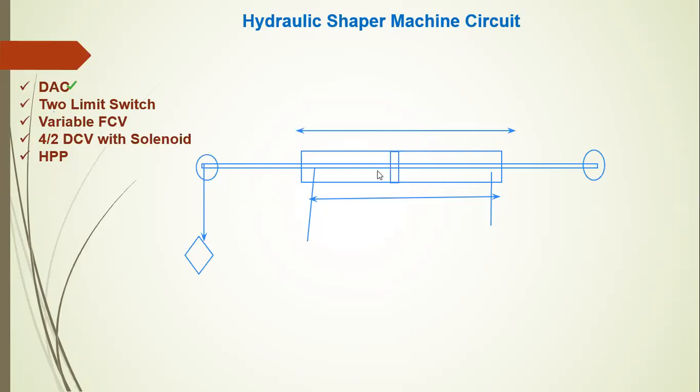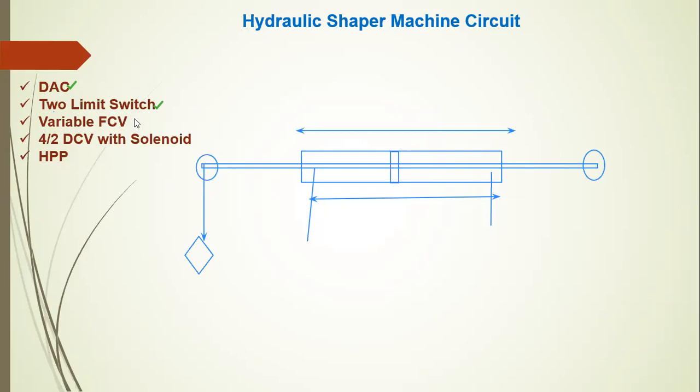Then two limit switches are required at the two sides of the operating condition of the DAC. When one stroke is completed, the limit switch passes the message to the DAC, it changes over the actuation and starts the second actuation, and the cylinder rod moves to the other side.